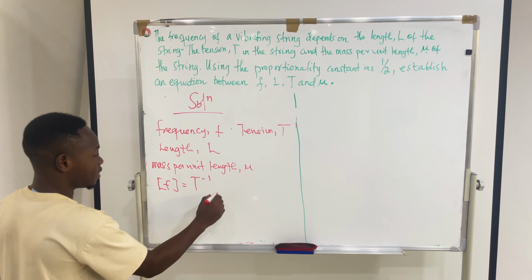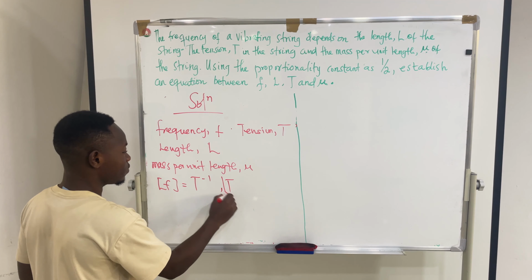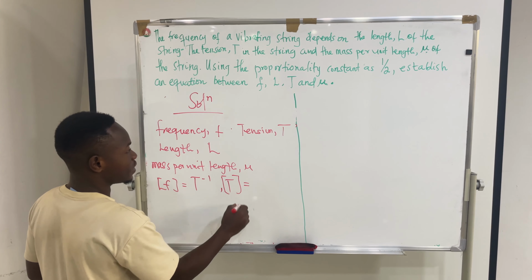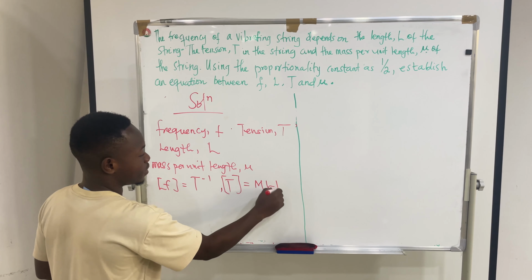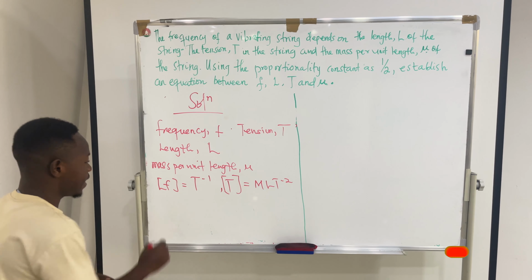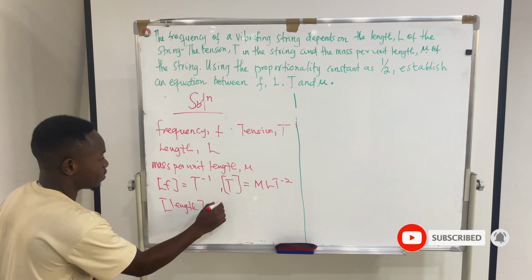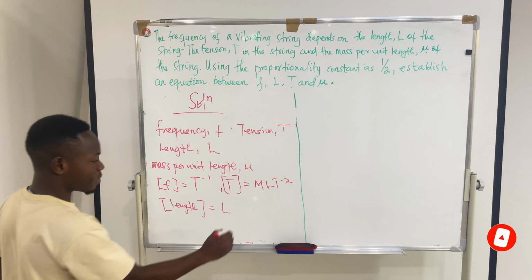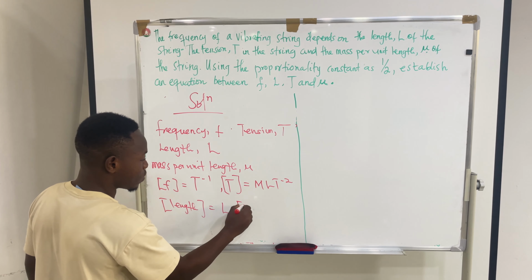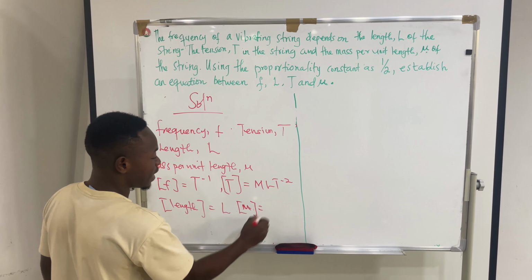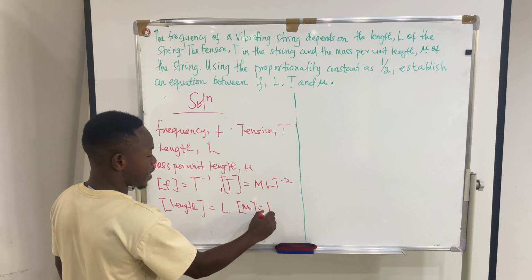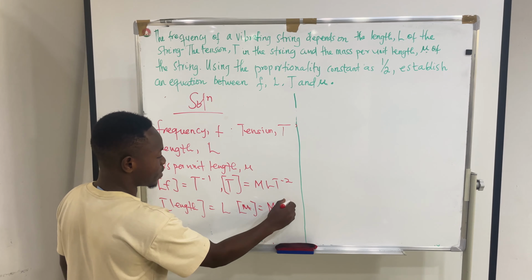The dimension of tension is force, and so the dimension of tension will be M L T minus 2. Length, that is obvious, is L. And then mass per unit length means mass over length, so that will be M L minus 1.